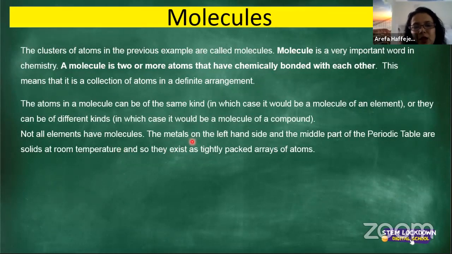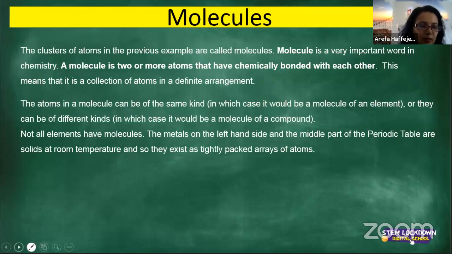So the metals on the left-hand side and the middle part of the periodic table are called solids. So you can label that as well. You could say that this is a solid at room temperature. So they exist in tightly packed arrays of atoms. Now remember, if you add heat to it, then it becomes something else.